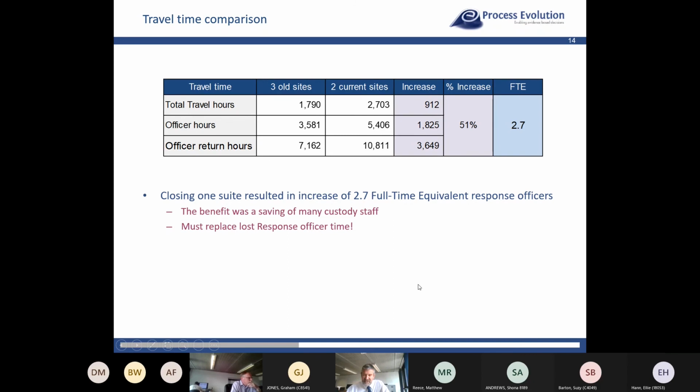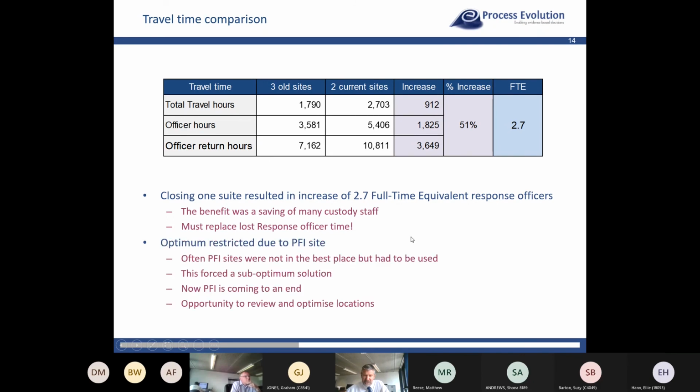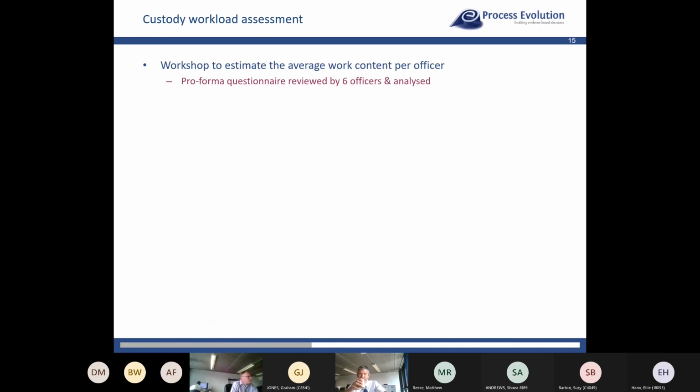So the saving isn't 12 people at custody, it's 12 minus 2.7 full-time equivalents. And as I say, the optimum there was restricted due to the PFI site, and often PFI sites were not in the best place but had to be used. This forces a suboptimum solution, but now PFI is coming to an end in many places. There's an opportunity to review and optimize your locations.